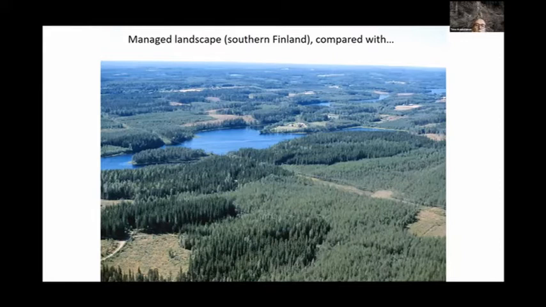We all know that we have some problems with current forest management, and the current forest management looks like this in southern Finland, for example, and in most of Fennoscandia. So we have the stand-wise clear-cutting system, the compartment-wise system that we use to produce timber, but we know that there are problems.